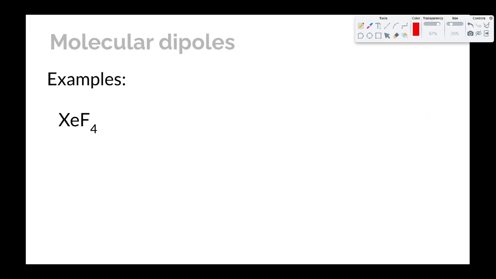Xenon tetrafluoride. When we do this Lewis structure, it ends up looking like this. And xenon gives us 8, fluorine gives us 4 times 7, which is 28.